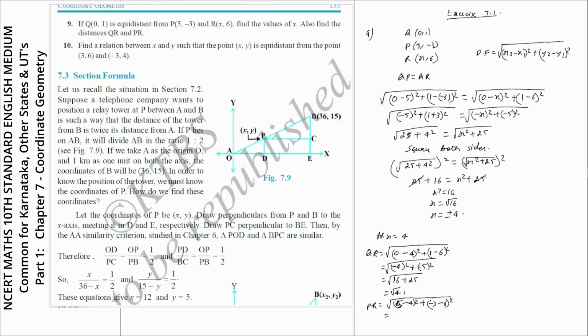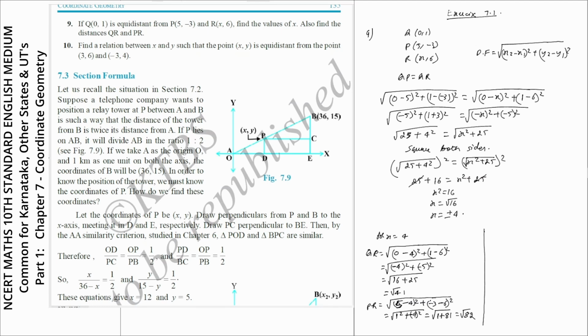So I'll get 5 minus 4 is 1 square, plus minus 3 minus 6 is minus 9, the whole square. So this is equal to square root of 1 square, which is 1 only, plus minus 9 the whole square is 9 9s are 81. So I'll get square root of 82 as the answer. This is for x is equal to 4.